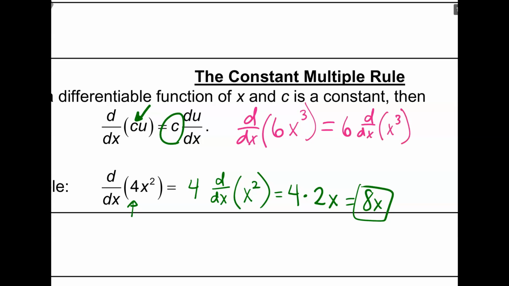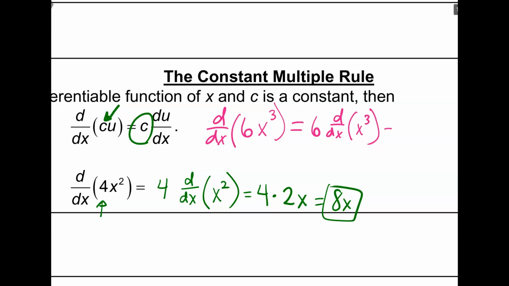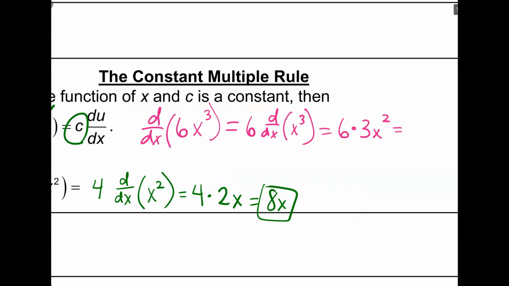And then if I want to take the derivative of x cubed, you bring the 3 down, and you subtract 1 from the exponent. So this would just be 18x squared. You notice this middle step right here? I'm literally showing you the rule. You could skip it and go straight to this if you wanted.